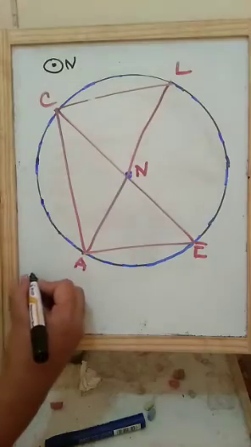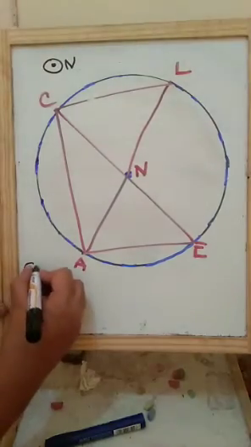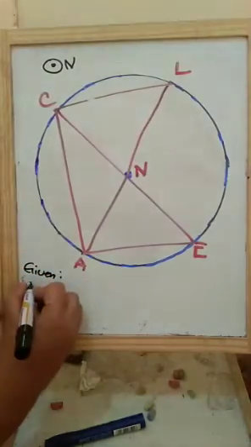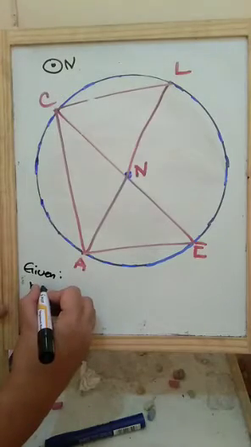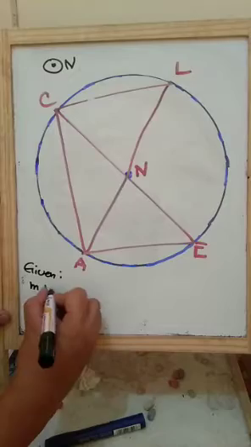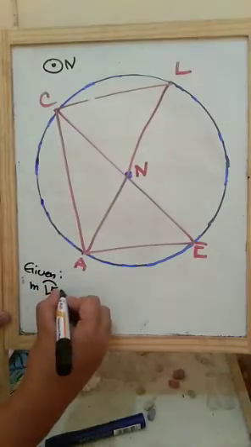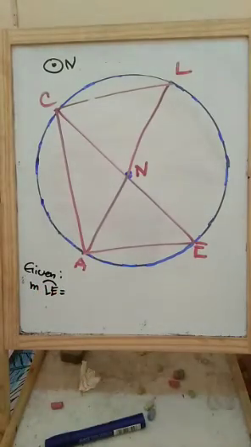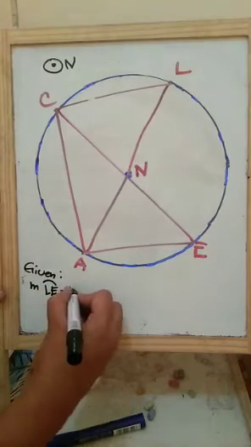I-given natin, the measurement of arc LE is equal to, let's say, 124 degrees. Yan.